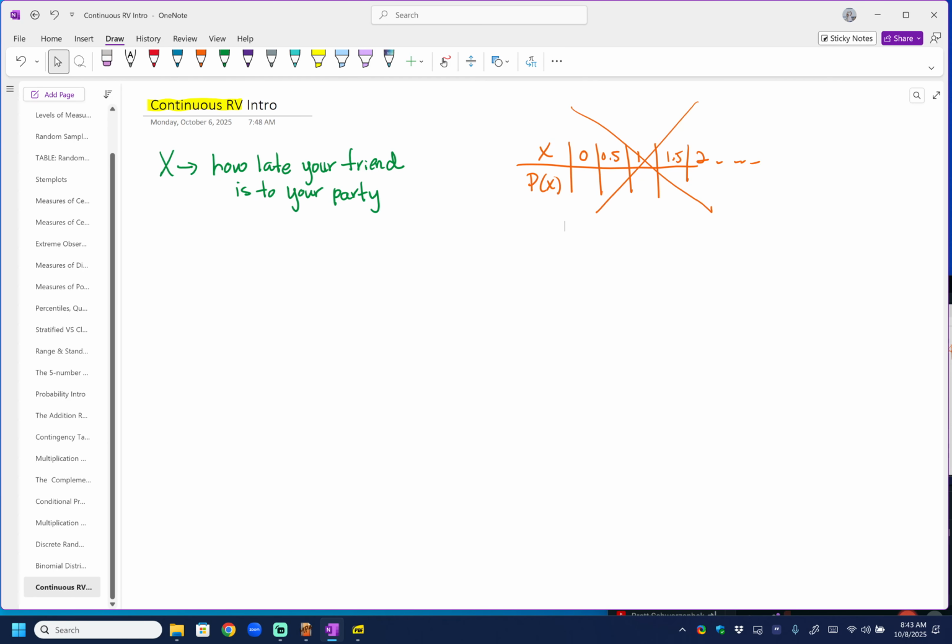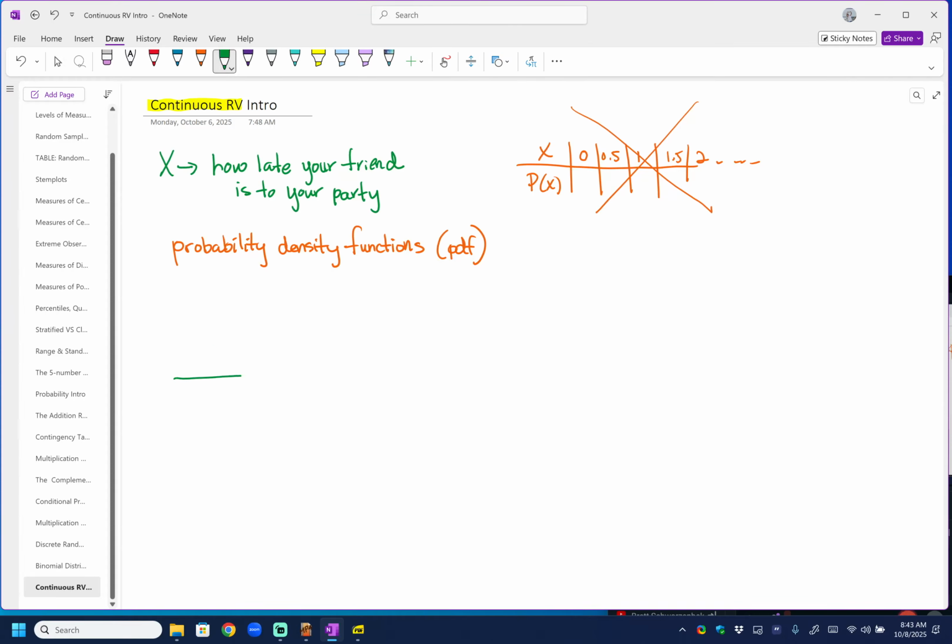Continuous random variables are usually represented by what's called probability density functions. For short, we call them PDFs, just like the file type that we know from using our computers, right? PDF. What are some common PDFs that are out there?